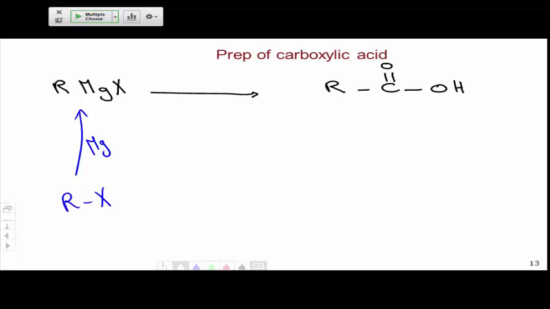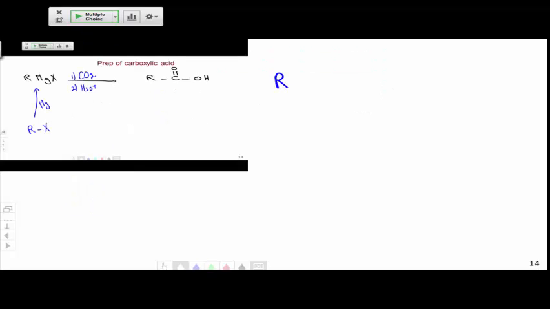After preparing the Grignard, if I add CO2 as a first step, the CO2 gas that you know, followed by H3O+, I'm going to end up with this carboxylic acid. So here is the RMgX, and I'm adding CO2 to that. This is the Lewis structure of CO2.